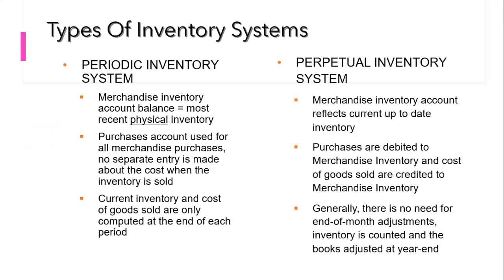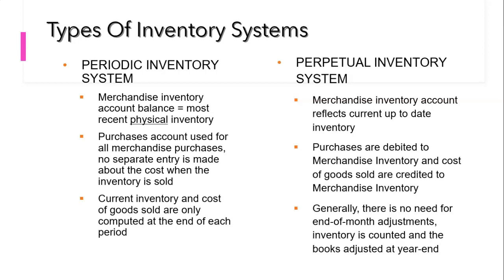If we take a look at a couple of differences between these two types of inventory systems, if we look at the inventory account balance in the periodic system, since we're only recording in and out of inventory periodically, then whenever it is the end of last month, we counted the inventory, we calculated it, we put it into the inventory account balance, and then it just sits there all during the month.